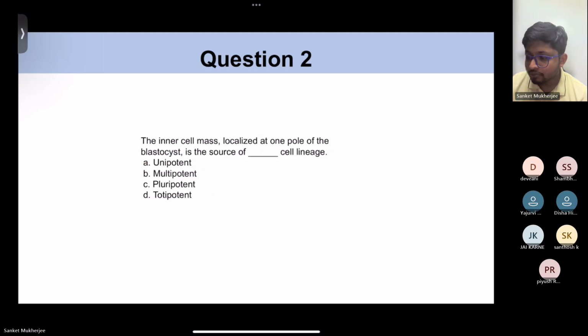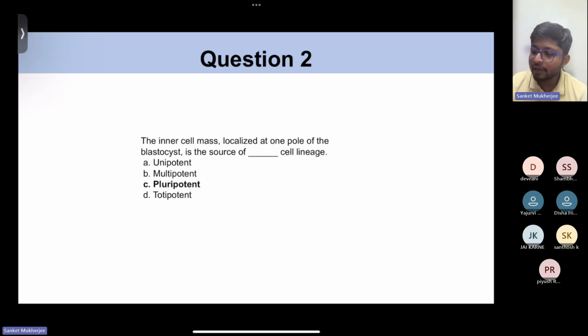So, question 2. The inner cell mass localized at one pole of the blastocyst is the source of dash cell lineage: unipotent, multipotent, pluripotent, or totipotent. Answers? Pluripotent.